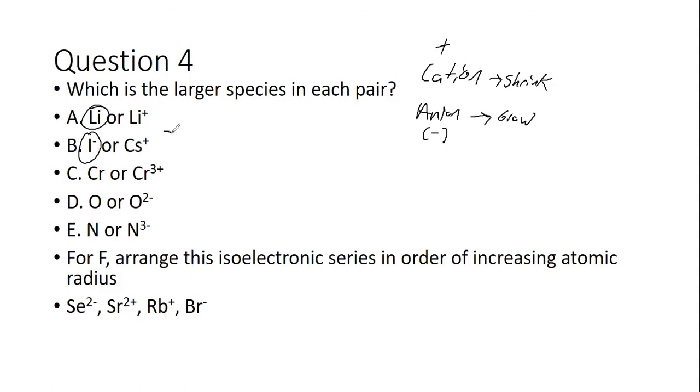They both have the electron configuration of xenon. And so when you are comparing an isoelectronic series, and that's what this is, these two are actually isoelectronic, which means you have the same electron configuration.